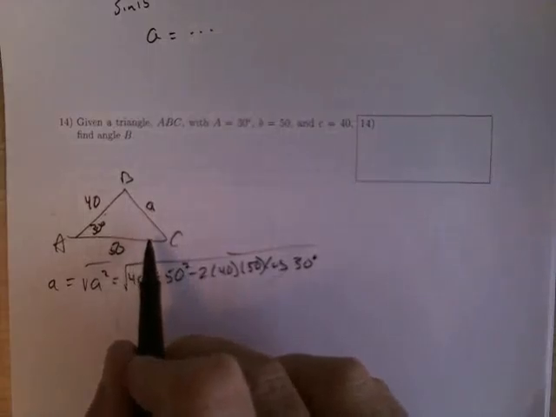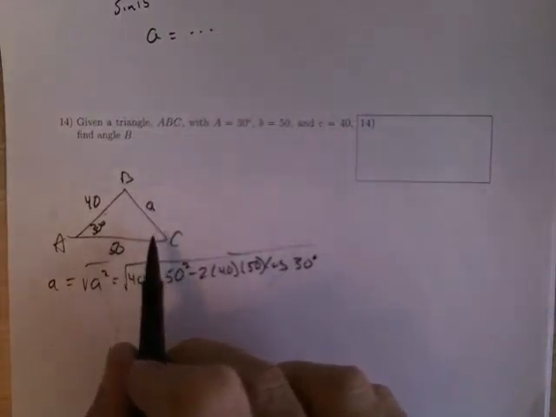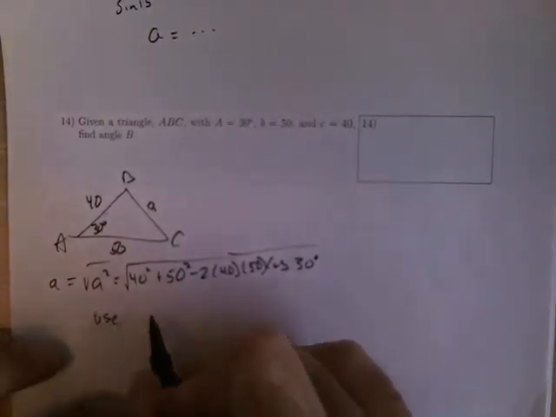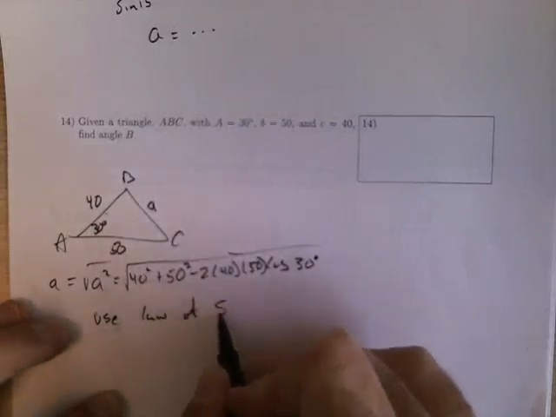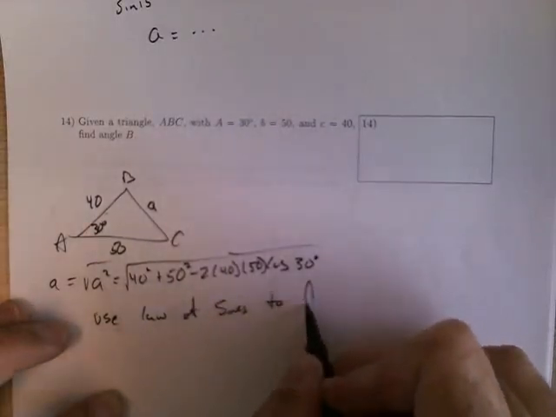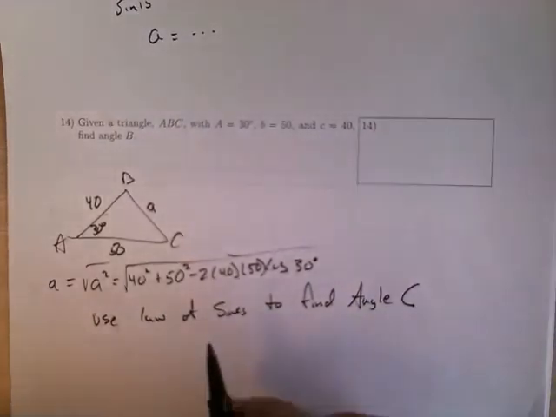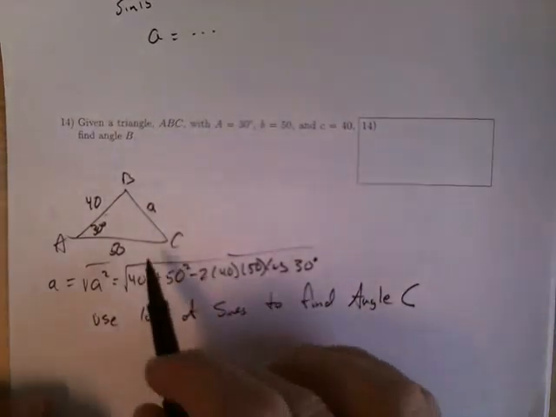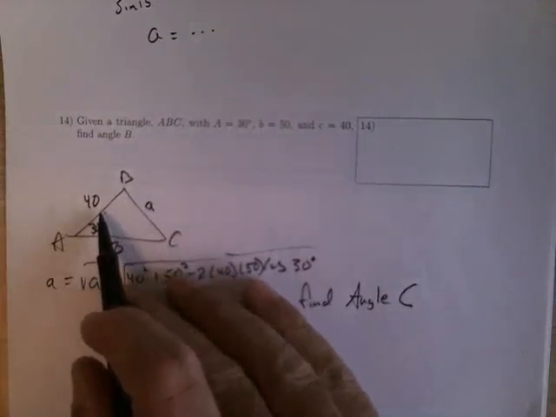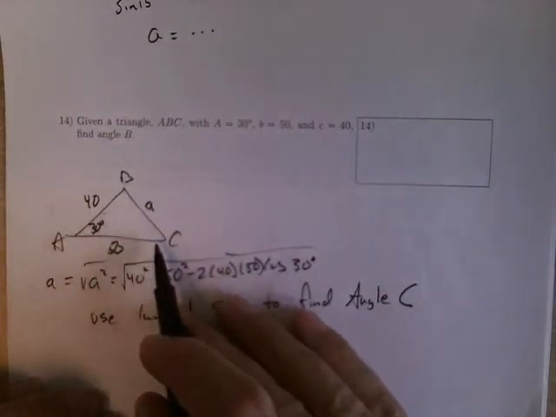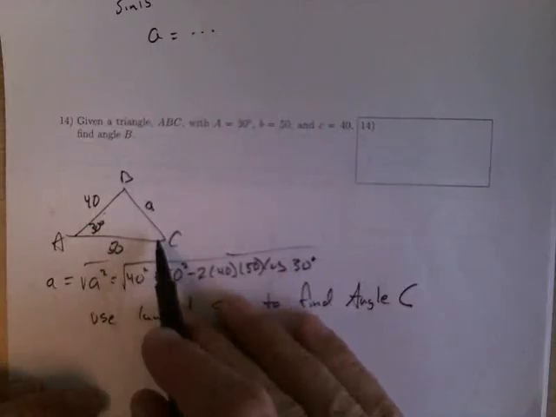Instead, use the law of sines to find angle C. I know that angle C is not the biggest angle because it's across from the side that's not the biggest side. So there's no way that angle C could be bigger than 90 degrees, and the law of sines will get it right.